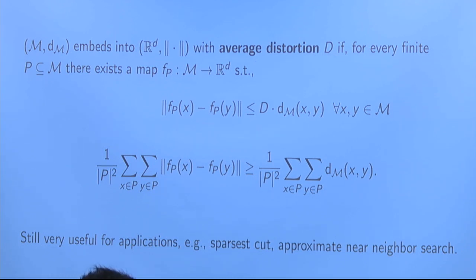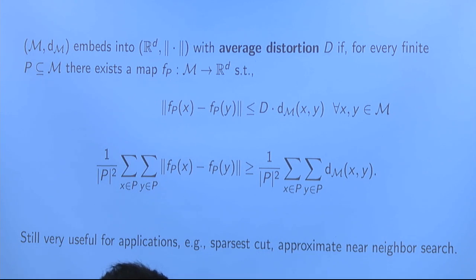So does this make sense? This is an important definition. It's already interesting if M is a finite metric space, I can take P to be all of M, and this is already an interesting definition.